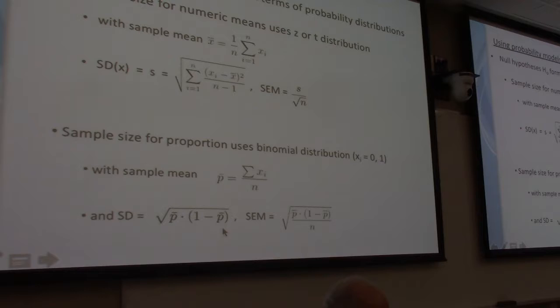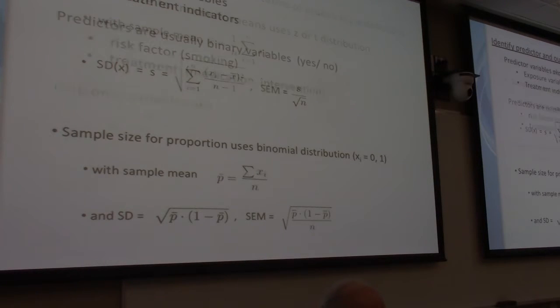But what's different here, and this is a really profound difference, is that the standard deviation, we don't have to calculate it because it comes from knowing the success probability and the sample size n. And so that's what I mentioned earlier, that whenever we're doing a sample size calculation, it's actually easier if it's based on a proportion because we don't have to find in the literature what the standard deviation is. It follows automatically from the binomial distribution. Okay, is that clear to people that you only need to know it some of the times?